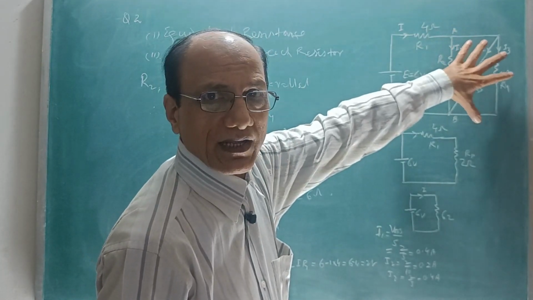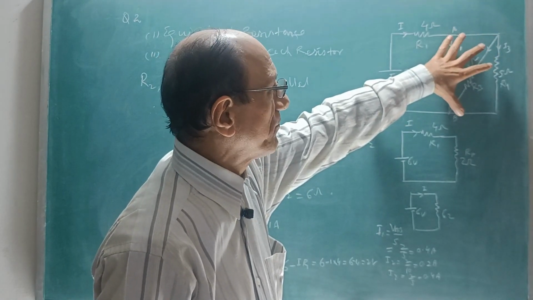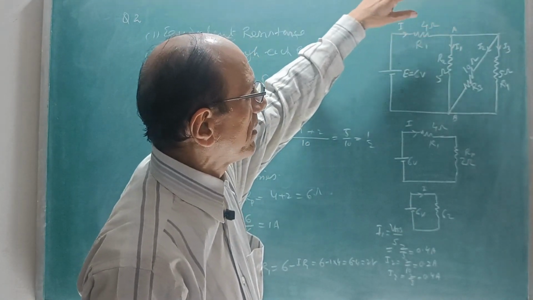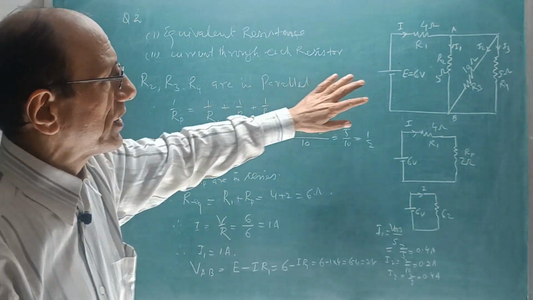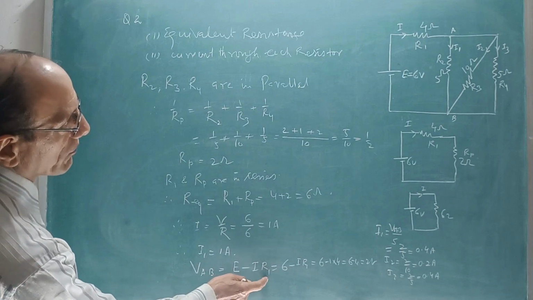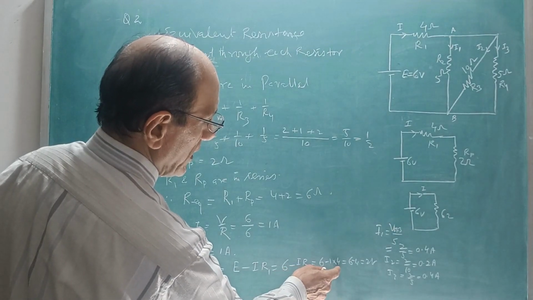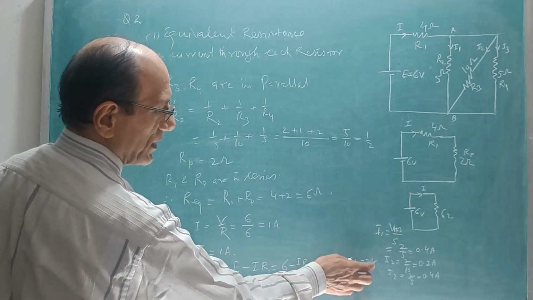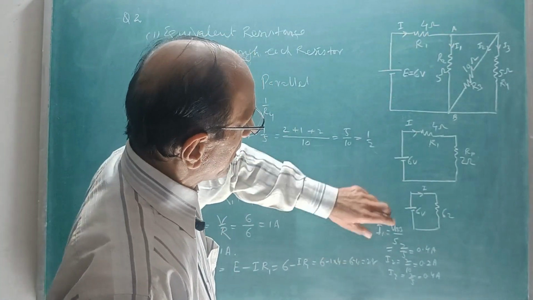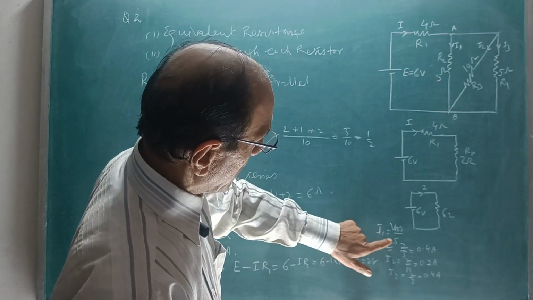Since they are all in parallel, the potential difference across them will be the same. Let us say that is VAB, plus this V1, will be equal to the net voltage 6. So VAB will be equal to E minus IR1, that is 6 minus 1 into 4, that is 2 volt.